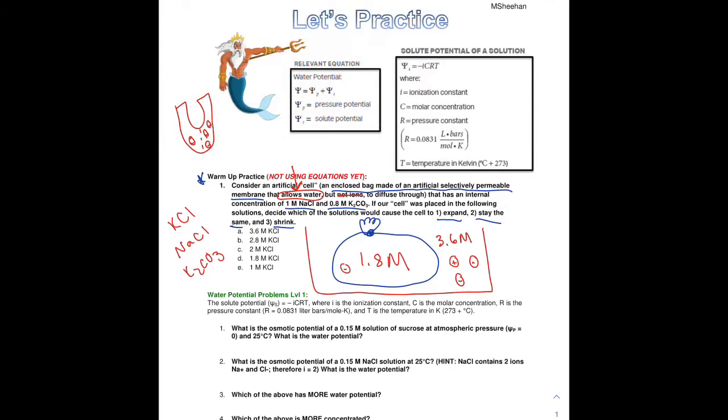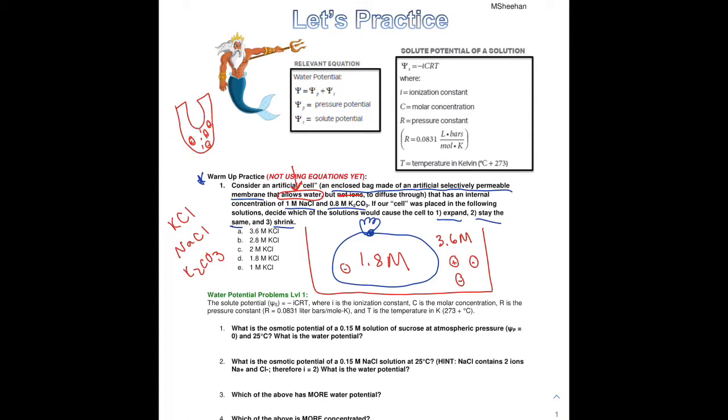If this little tube had some water in it, how is the water going to move to try to make those two sides equal? What it's really doing is trying to make the concentration the same. So if this side has only one ion, it's going to need less water on its side.